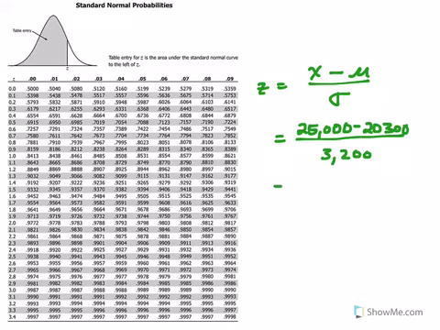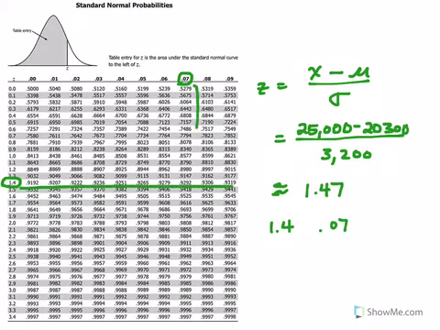And once we work that out, that gives us approximately 1.47, which is at the intersection of 1.4 and 0.07. So we come to our chart here, look for 1.4, look for 0.07, find the intersection of those, and we get 0.9292.